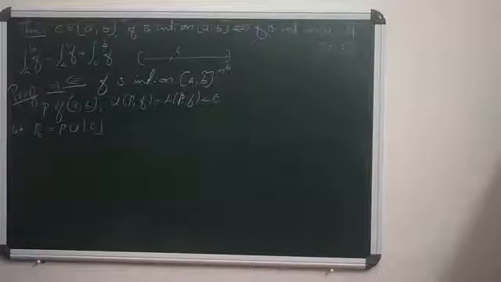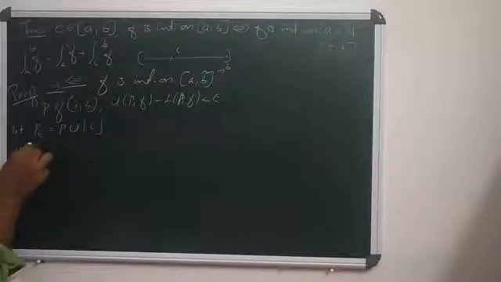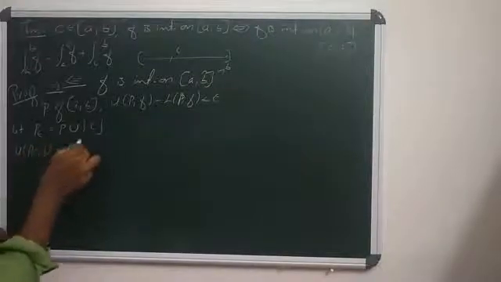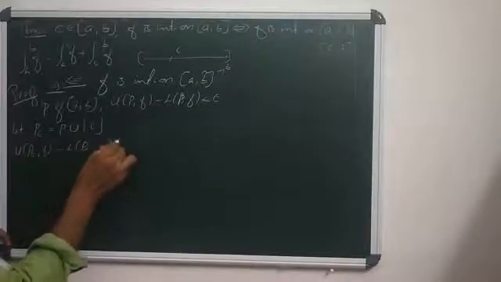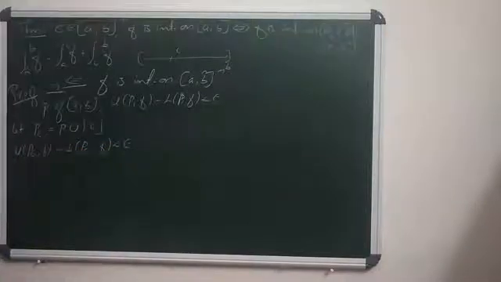Therefore, we have U(P epsilon,f) minus L(P epsilon,f) strictly less than epsilon. Why?